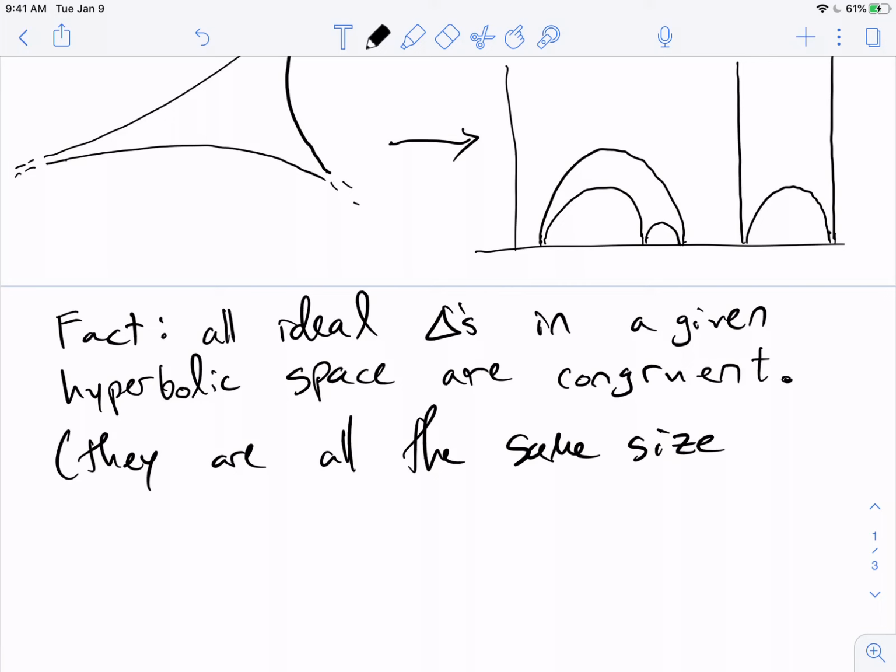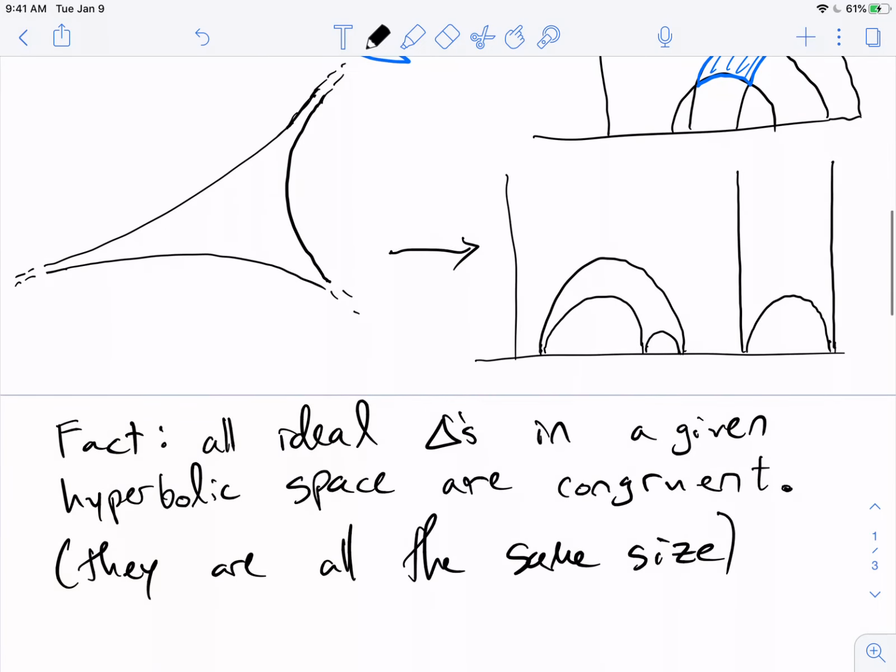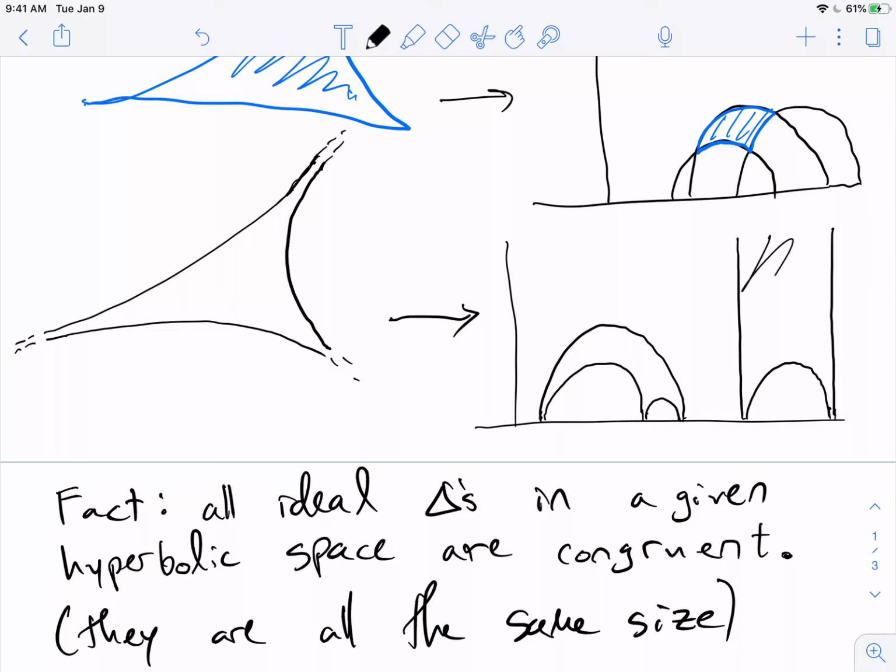What do I mean by that? I mean they have the same area. You might look at this and say, well, this one has infinite area, whereas this one has finite area, so how can that be true? Well, I mean area in the hyperbolic sense. So, of course, this ideal triangle here, let's say it got mapped to this one. It got mapped to something with infinite area, but we're distorting distances again.